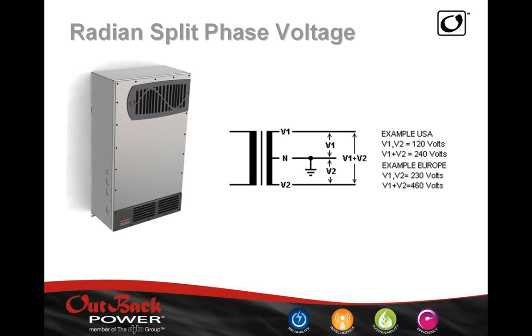So here is the voltage that the Radian is programmed to look for. Here we have a 120-240 volt source, and the phases have to be 180 degrees out of phase. I've seen where people will have a 3-phase source, and they say, well, I'll just connect 2 of the phases, I'm providing 120-208, and I'll just program the inverter to accept the lower voltages, and so I should be okay.